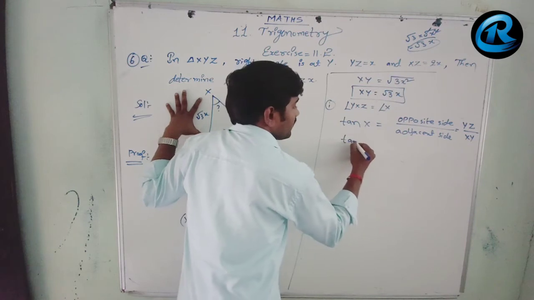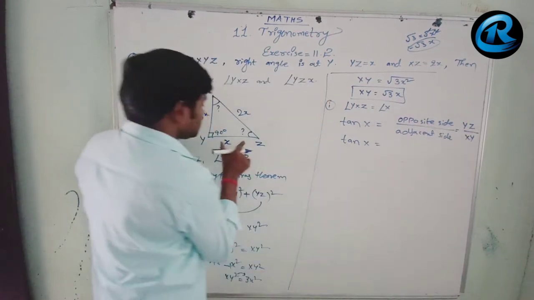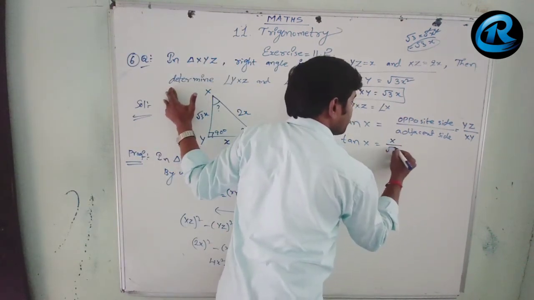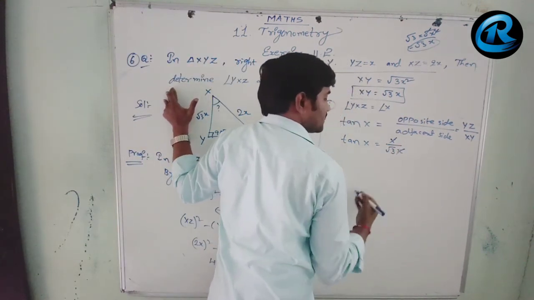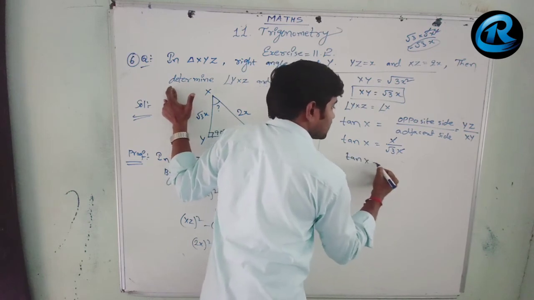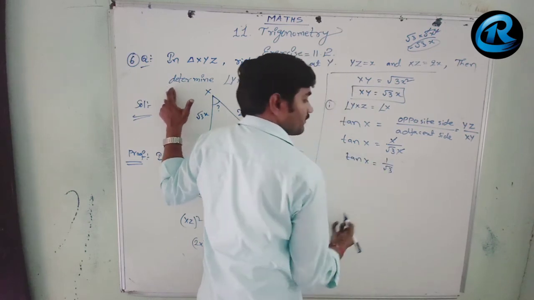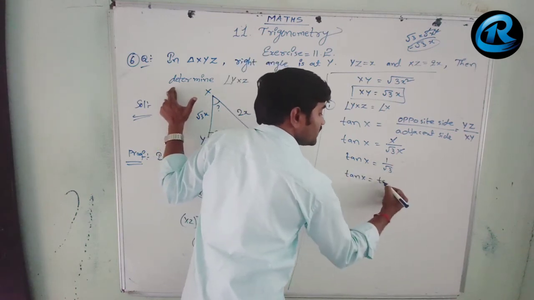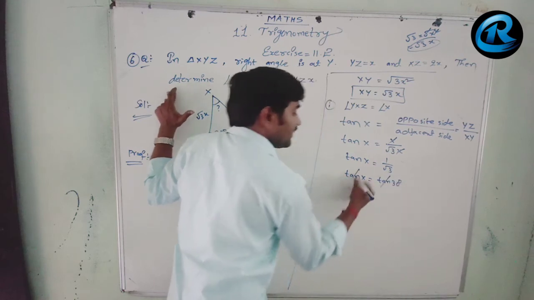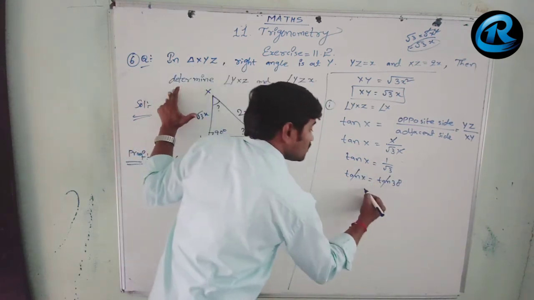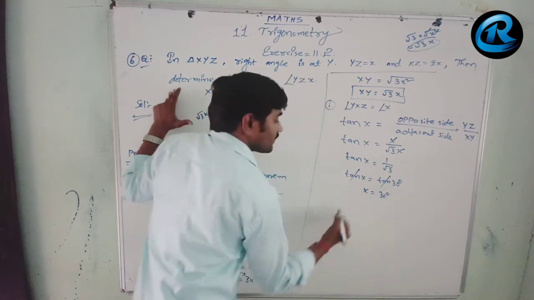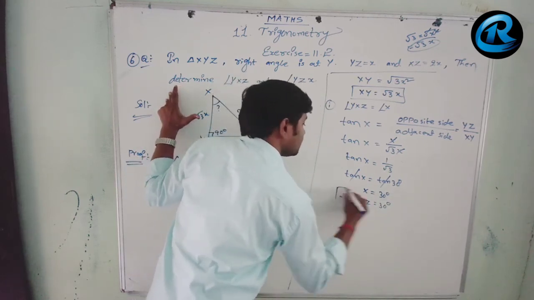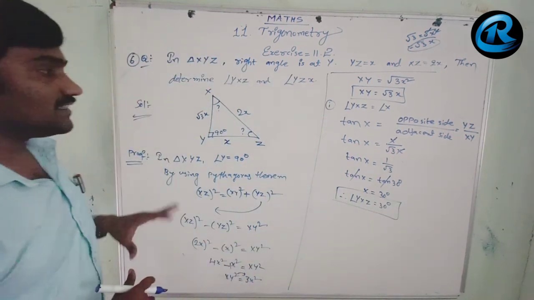So tan x equals YZ value x, by XY value root 3 x. X gets cancelled. So tan x equals 1 by root 3. This 1 by root 3 value is tan 30 degrees. Where tan and tan get cancelled on both sides, so x equals 30 degrees. Therefore angle YXZ is equal to 30 degrees.